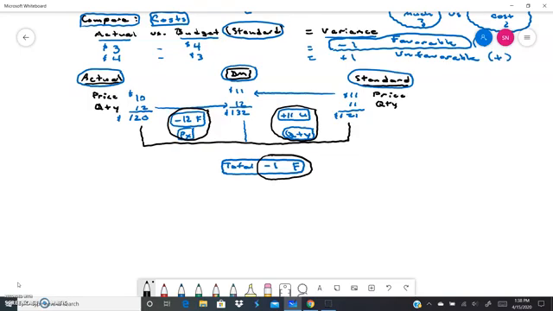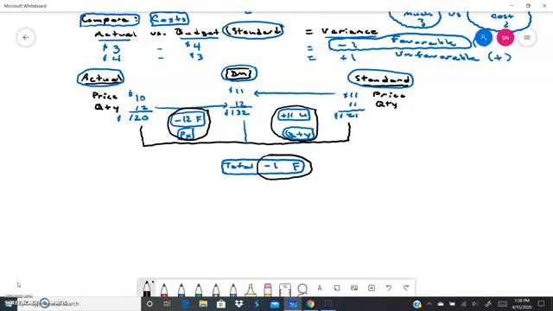And so at first glance, we could look at this and say that, well, since our price variance was favorable, maybe the purchasing group or the people in charge of purchasing the direct materials did a great job. Another scenario could be that the price of direct materials in the marketplace fell, and so that's why the price is lower.